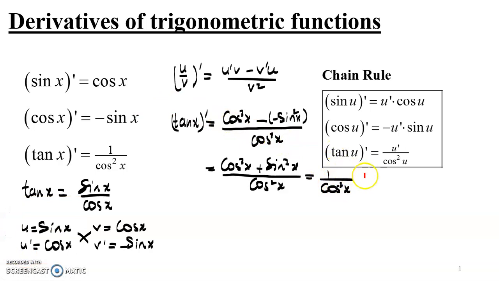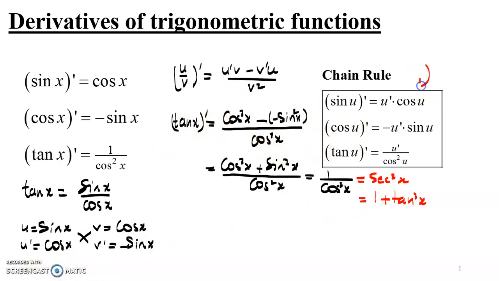Now, 1 over cosine squared is also referred to as secant squared x, which we know is 1 plus tan squared x, so the derivative of tan could also be given as 1 plus tan squared.